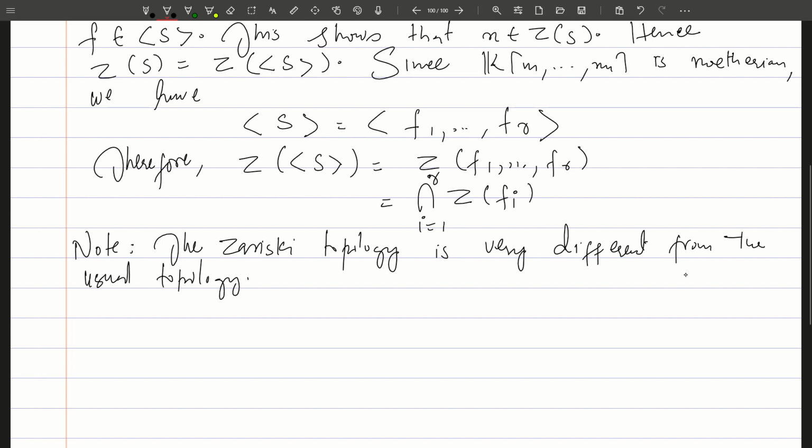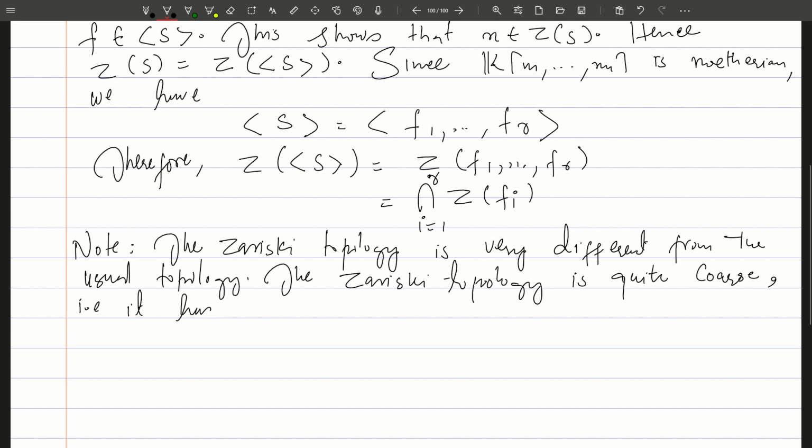The Zariski topology is quite coarse. I mean, it is much weaker, i.e., it has very few and very small closed sets.